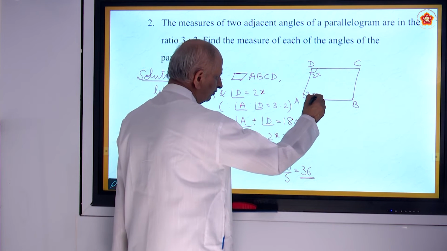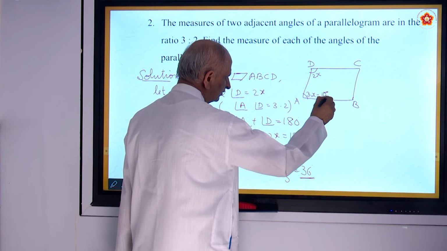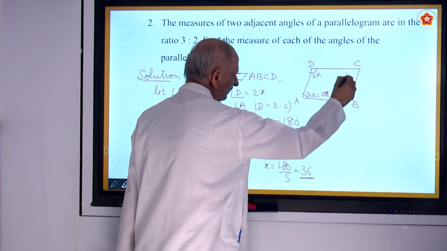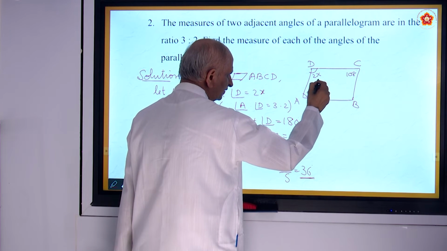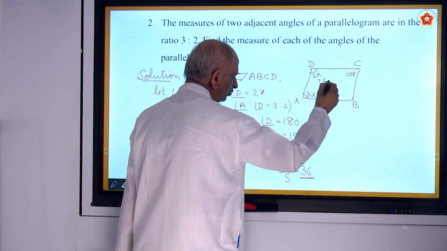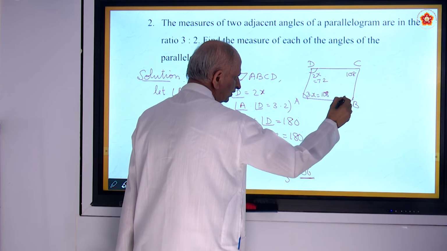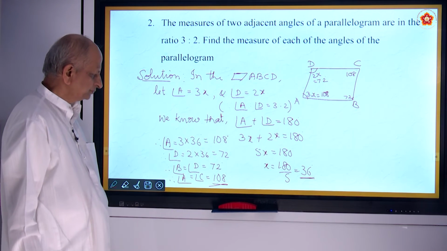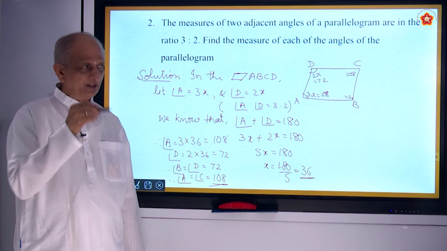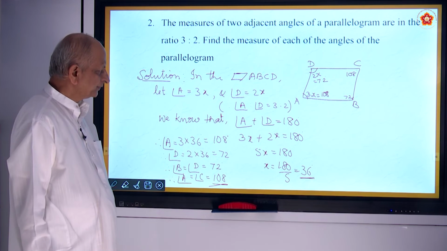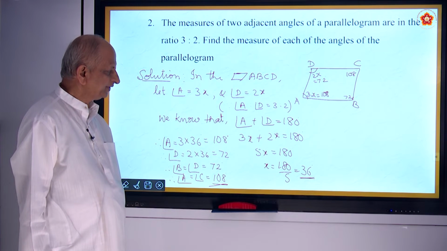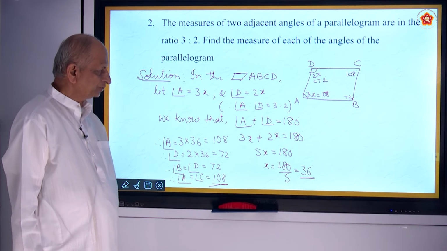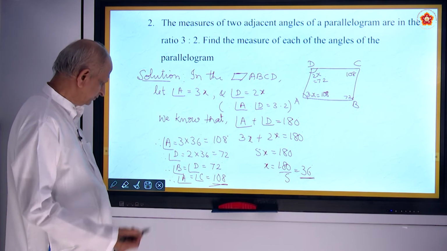So this is equal to 108, therefore this also becomes 108. This is 72, and this also becomes 72. Clear? The sum of all the angles is 360. So shall we pass on to today's topic?